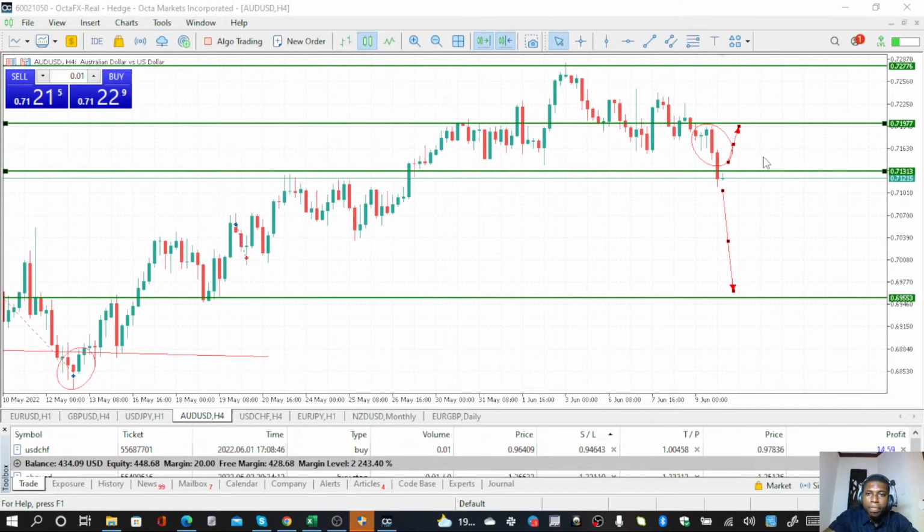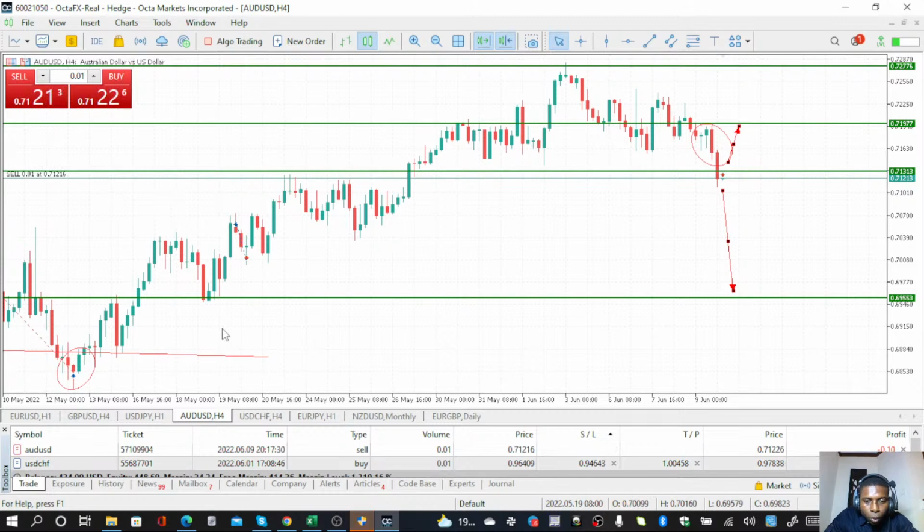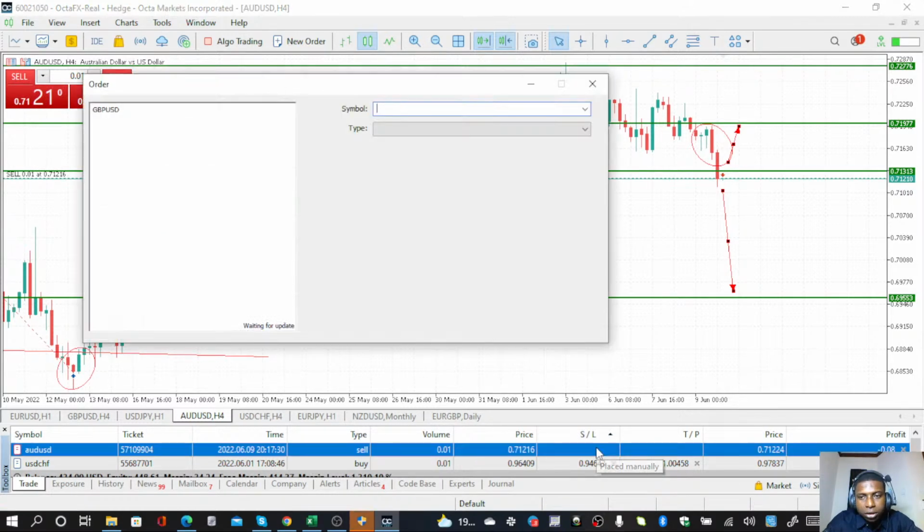Now, we are considering shorting the market and taking advantage of these short opportunities. Let's see how it goes. So we short the market. Let's fill in our take profit and our stop loss.